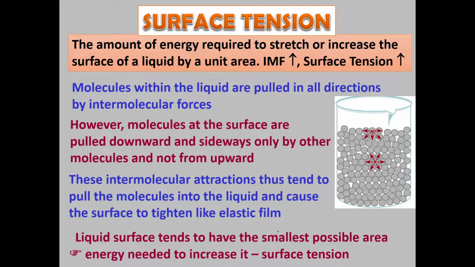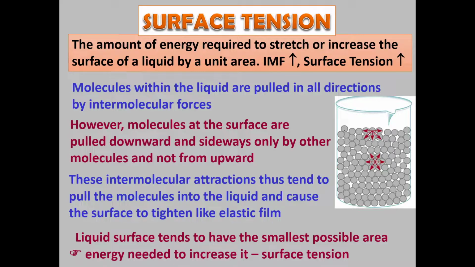Okay, so let's look on kenapa kita ada yang surface tension tu. Ni the ayat semua benda yang kita dah tengok tadi. So if you see, molecules yang dalam the liquid are attracted to every single keliling dia akan ada attraction force.